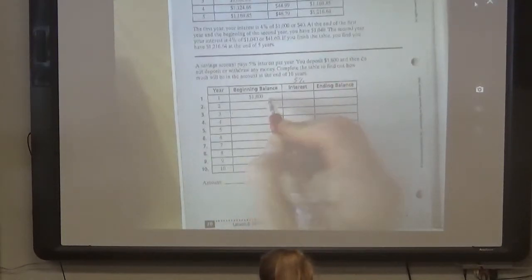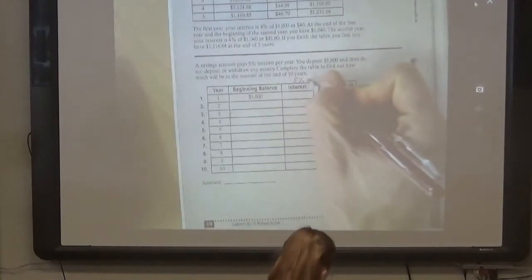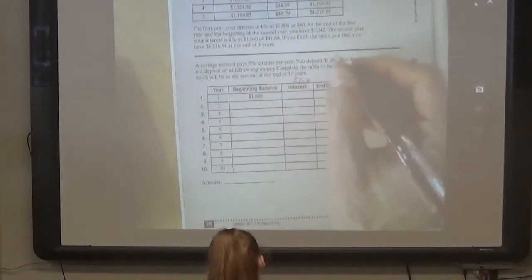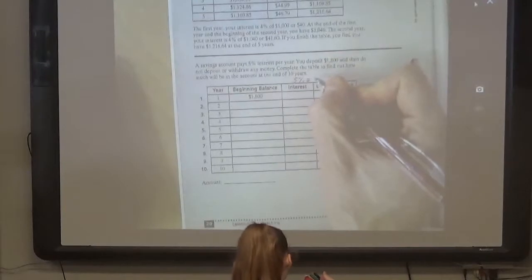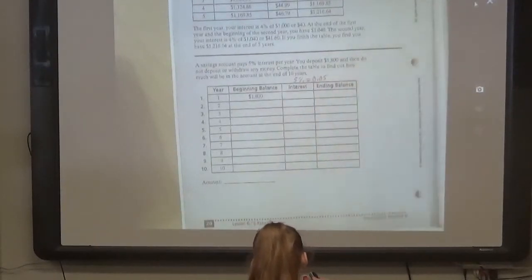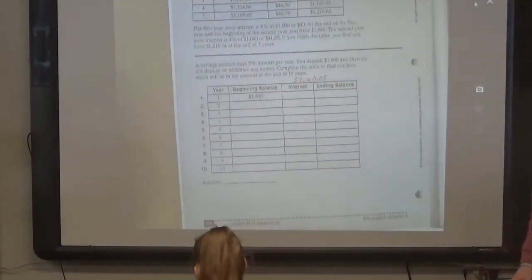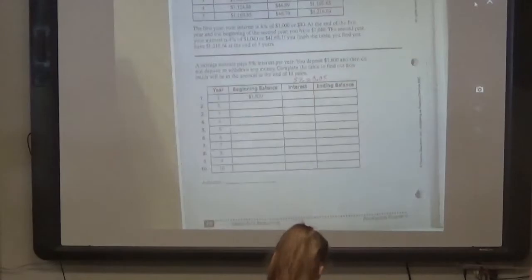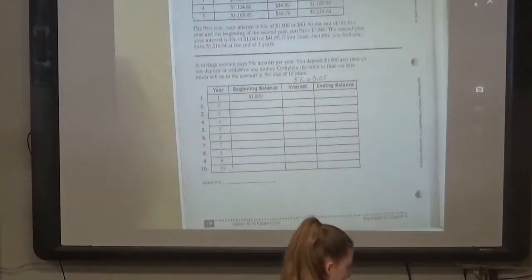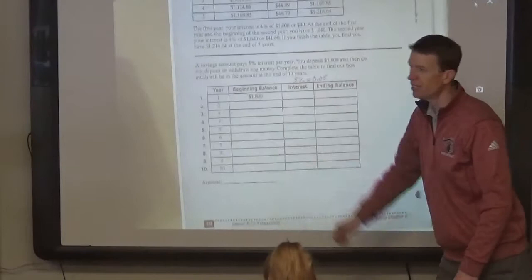Find that first. What is 5% as a decimal, Edith? Good, 0.05. So that's the multiplier. That's the number we'll use each time. So take out your calculator and find 0.05 of 1,800.